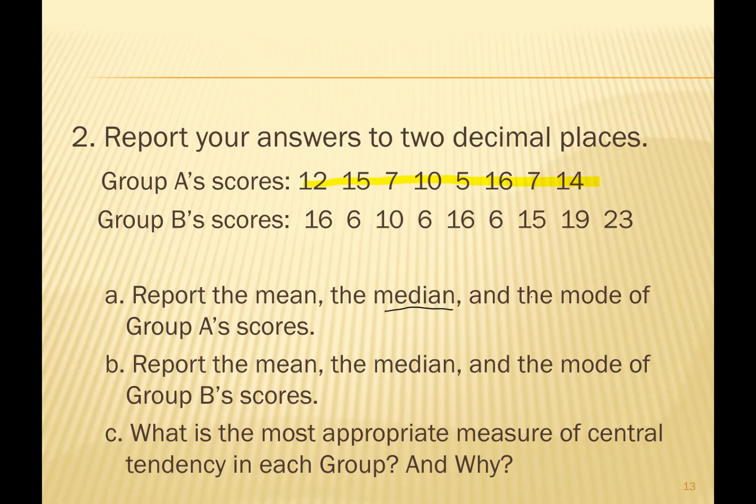Once we have the mean, median, and mode reported for both groups, then in question C, it says what is the most appropriate measure of central tendency in each group. What you're looking for is to look at the mean and the median from your results. If your mean and your median are equal, we would say it's normally distributed. But in the case that they're different, then they're skewed.